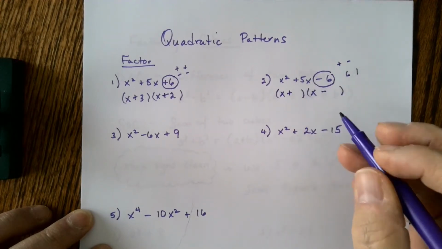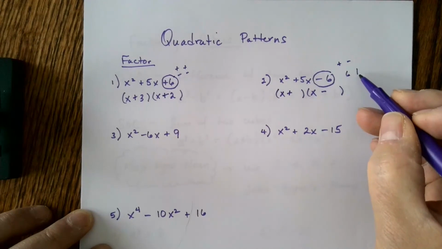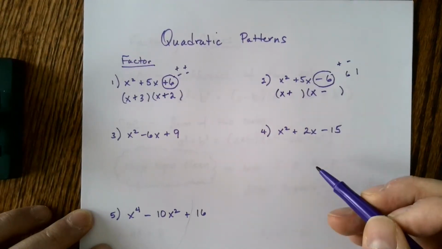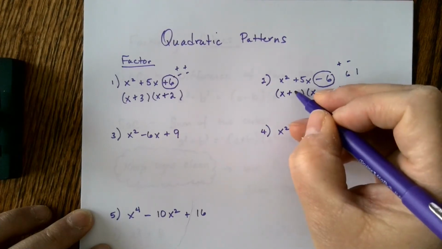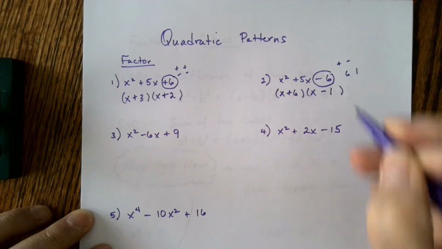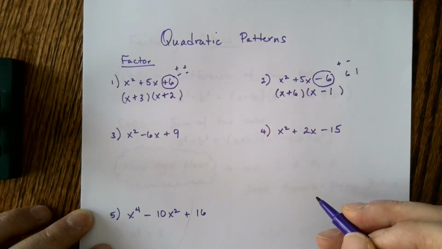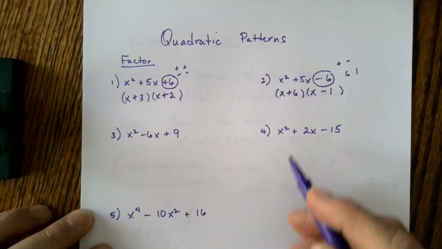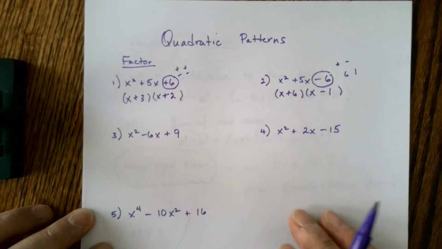Now the question becomes, where do we put the 6 and where do we put the 1? Well, that's really easy. Since my middle term is positive, obviously I want more positives than negatives, so I'm going to place the 6 with the plus and the 1 with the minus. Okay, so take a look at these first two problems. They look kind of similar, but their factors are almost completely different.